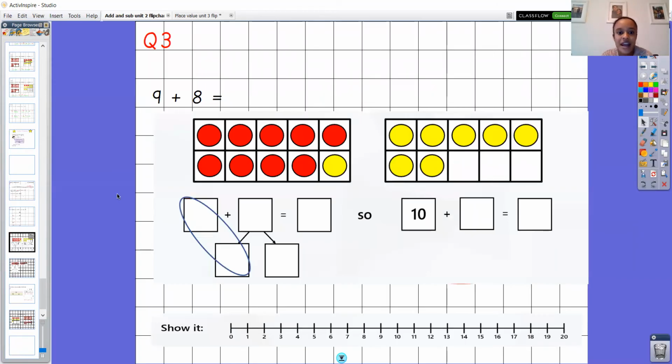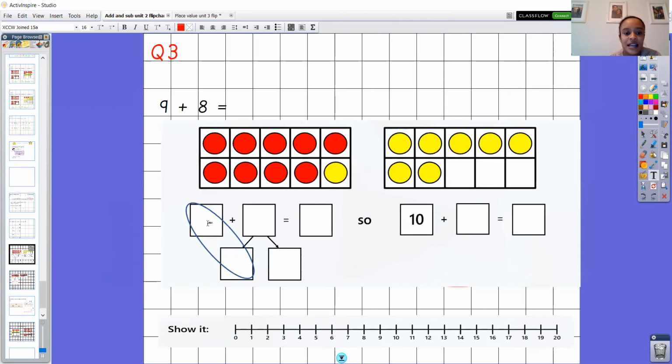Okay, question 3, this is that tricky one, so don't worry if you weren't fully confident with this one, because it's something that we'll come back to in our next addition and subtraction unit. So we've got 9 add 8, so remember we put the number sentence in this first part. Okay, and we know that here with this blue circle we're going to make 10, and you can see the 9 there, so we add 1 more to 9 to get 10, don't we?